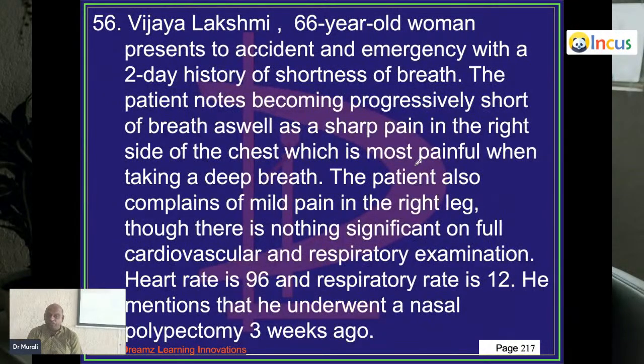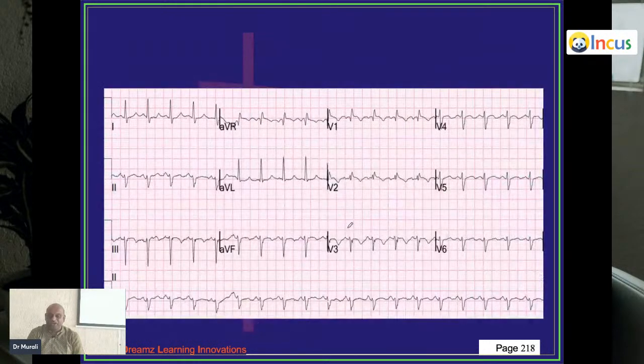Now a 66-year-old woman comes to accident and emergency with a 2-day history of shortness of breath. She also has a pain in the right leg. Shortness of breath with pain in the right leg always means DVT, pulmonary embolism. Khatam. You don't need to see anything else, but still what do you want to see here? S1, Q3, T3.